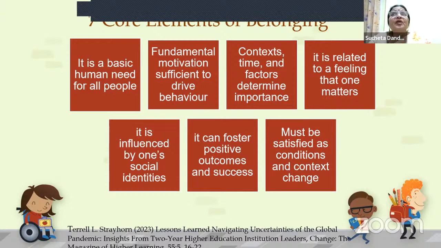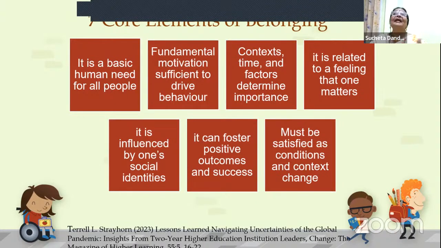Students go to those clubs and become a part of them because they are building their own social identities. It can foster positive outcomes and success. Once people belong, people start working towards the betterment of not just themselves, but the departments, the institutions, the community at large.